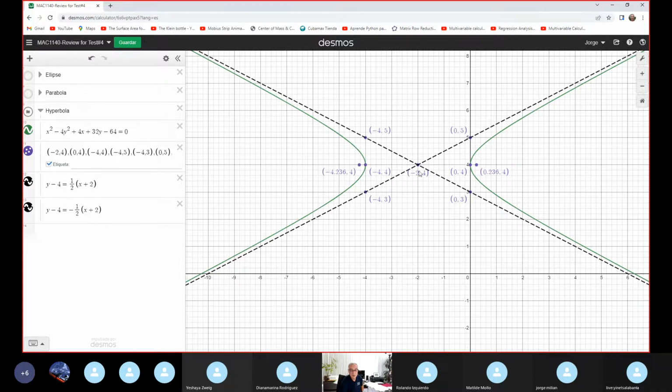Vertex, negative 4, because that distance is 8, okay, 2 to the left, 2 to the right, and that distance is 1 upward and downward, and you get the famous 4 points for the reference rectangle, and you connect the center for any corner, or no, not necessarily the corner, because you plot the line, and that's it, and the foci is here. This weird number because it's like a radical 5. Get 2.23 something. Any question?